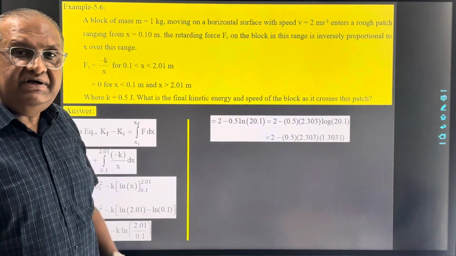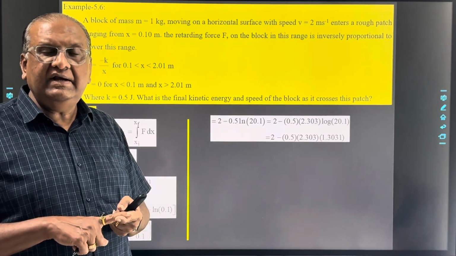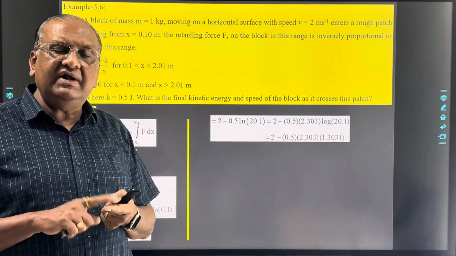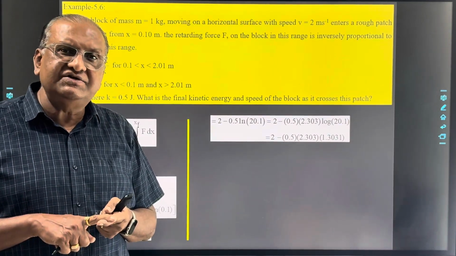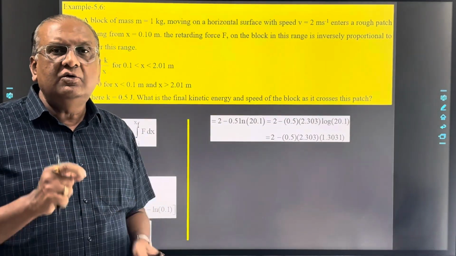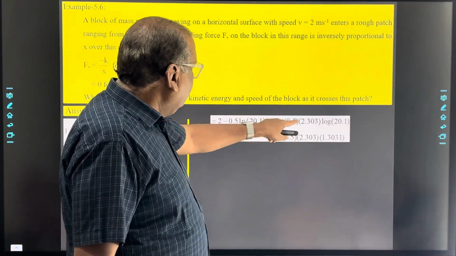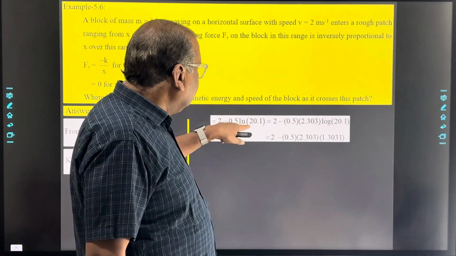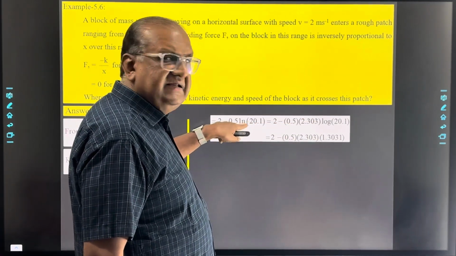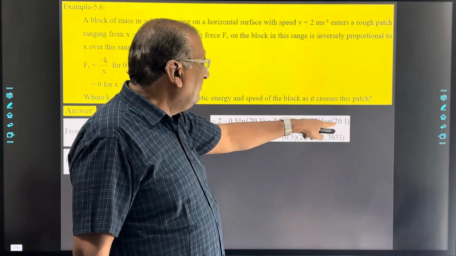Okay. Now natural log, e base log, right? So if you want to convert it into 10 base log, then there is a multiplication factor for that, that is 2.303. So here take the factor 2.303, then you can write this natural log as simple 10 base log.